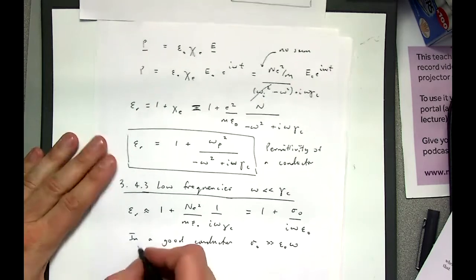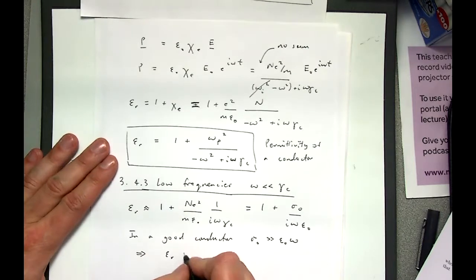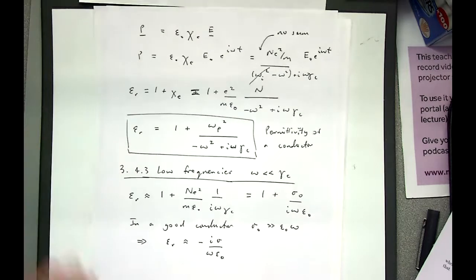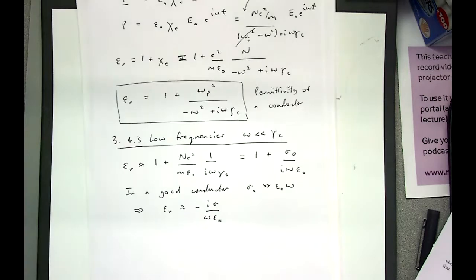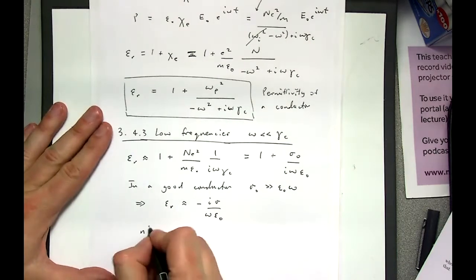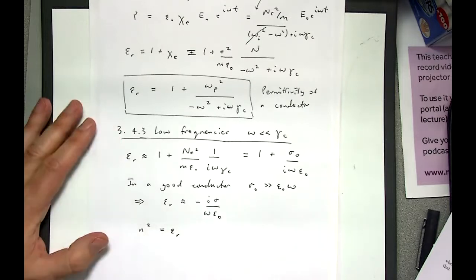We can write down that epsilon r, the permittivity, is basically complex valued. It's i sigma over omega epsilon 0. Okay, what does that mean? Well, we write down that the refractive index n can be related to the relative permittivity.